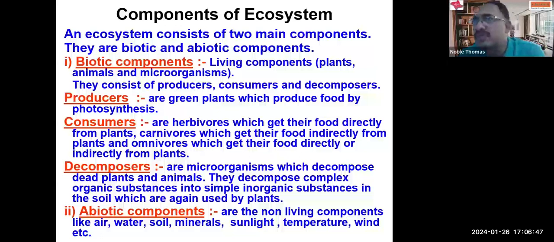All the other organisms which cannot produce their own food and depend on another organism all come under consumers. And decomposers have a role just opposite to producers. And what is it? They convert organic materials into inorganic materials.